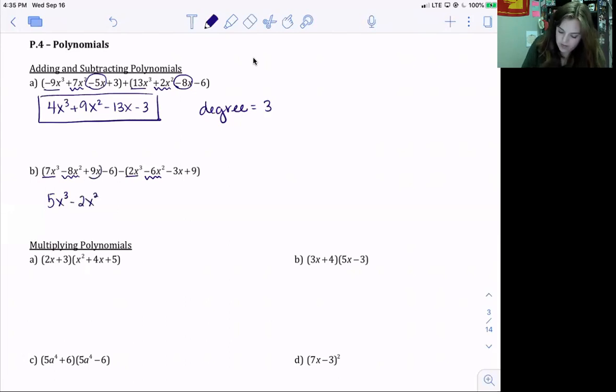We have 9x minus a negative 3x, which makes it 9 plus 3x, which gives us 12x. And lastly, we have negative 6 minus 9, which would be negative 15.